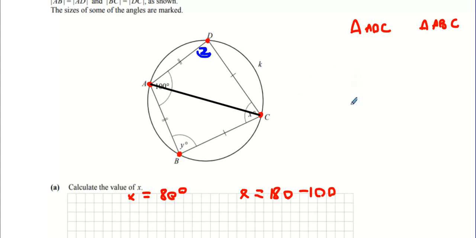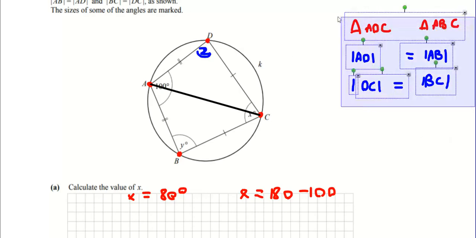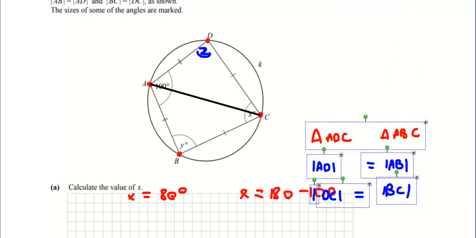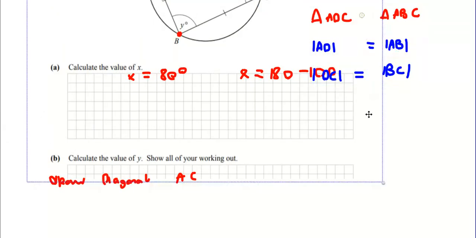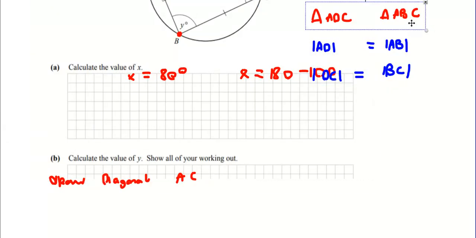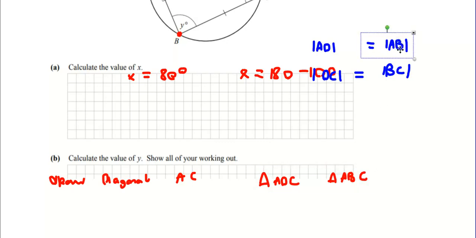Okay, so what we're going to say is length AD we're told is the same length as AB. Then we're told length DC is the same as length BC. And there's a common length. Both of them are given, by the way, just to let you know.